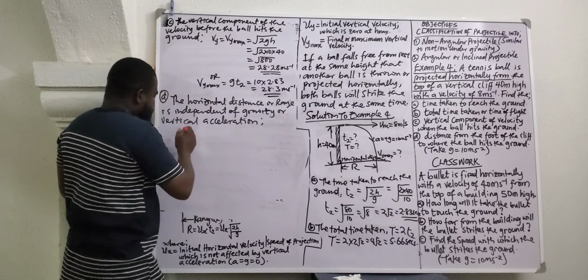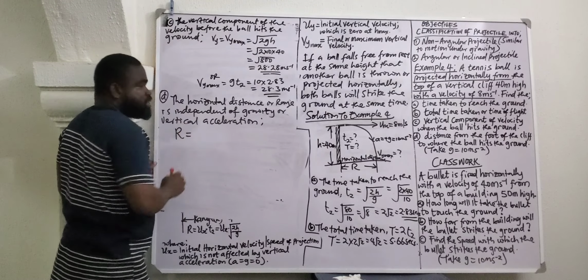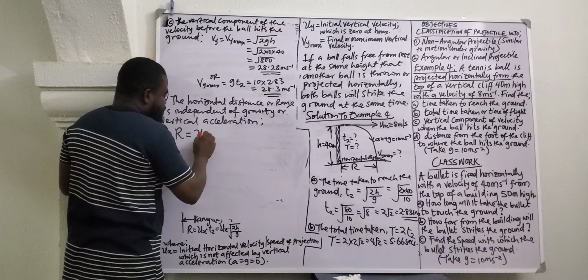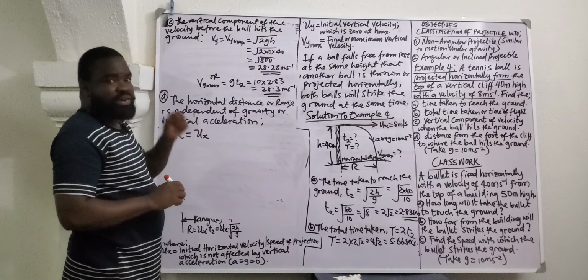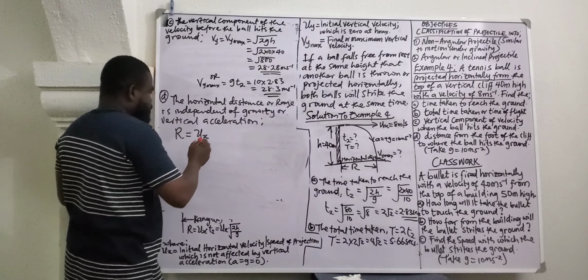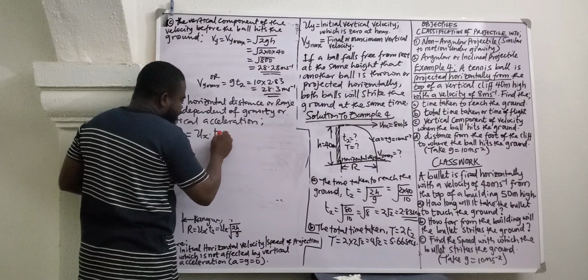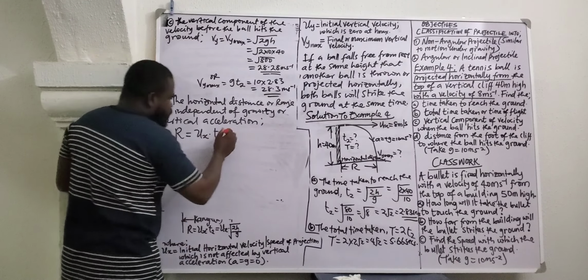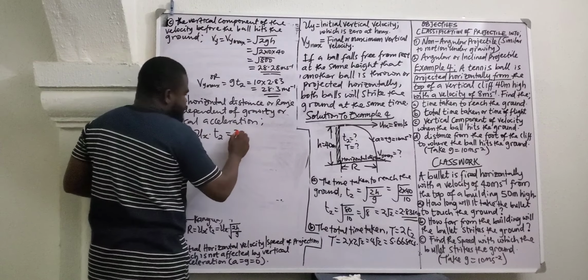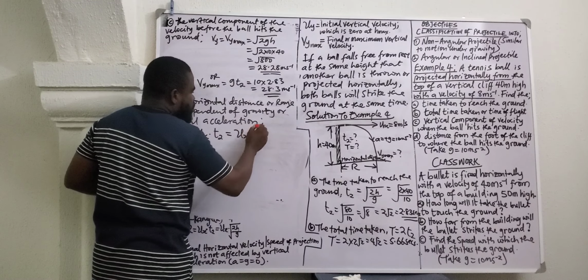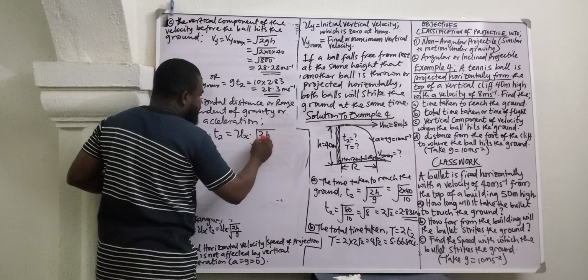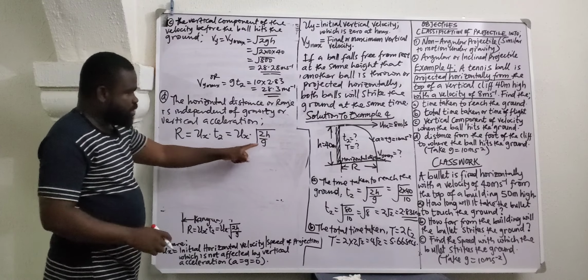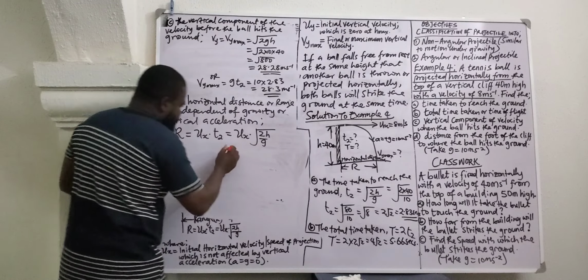For us to obtain it, the range R is the horizontal initial velocity, which is constant, multiplied by the time it takes the body to fall to the ground. So this is U times the square root of 2h over g. We have already used this, so I don't need to repeat myself.